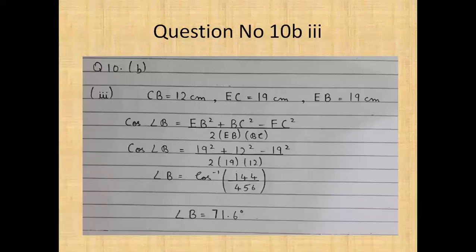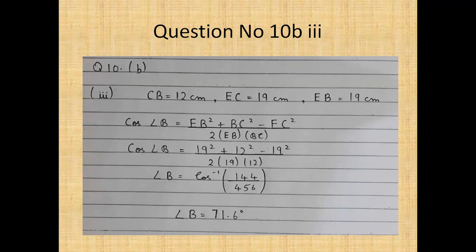So the CB is 12, EC is 19, EB is 19. So apply the law of cosine. So law of cosine says the cos of the angle B will be equal to EB square plus BC square minus EC square, over 2 into EB into BC. So cos of the angle B will be 19 square plus 12 square minus 19 square, over 2 into 19 into 12.